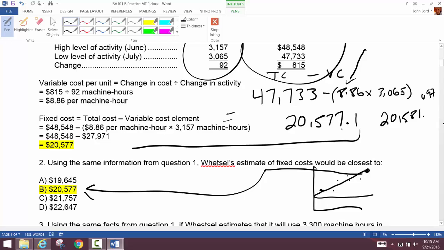But I'm telling you that whether you use rounded or unrounded, there'll only be one right answer. You won't be sitting there saying, is it this or is it that? I don't know because it's giving me some choices that are close.